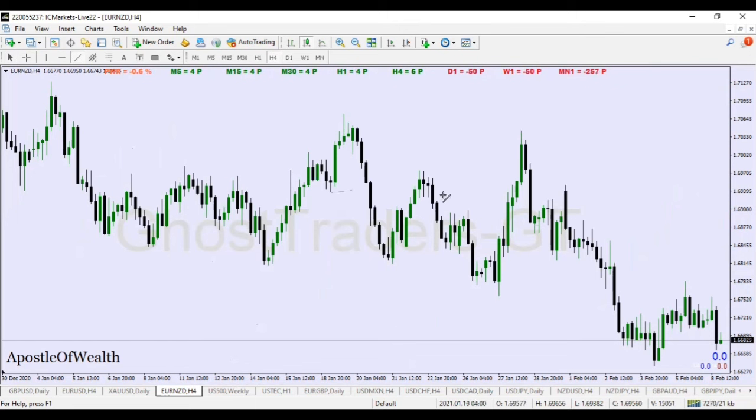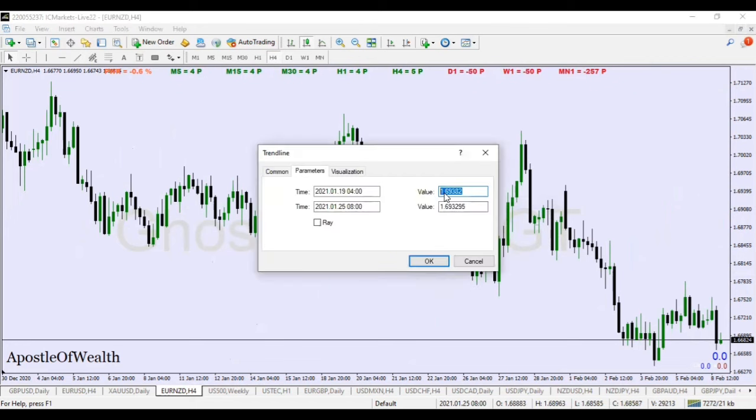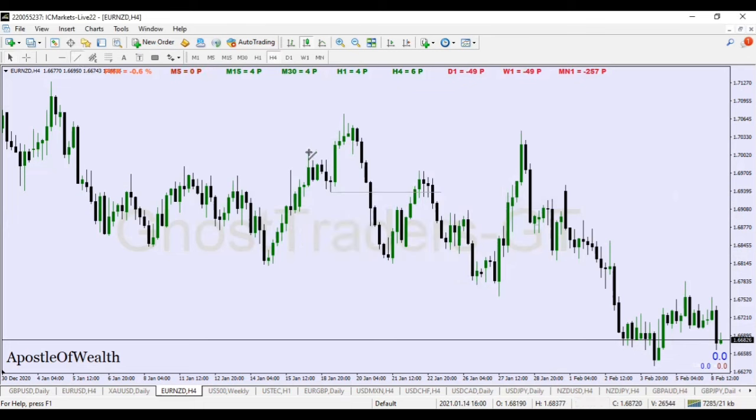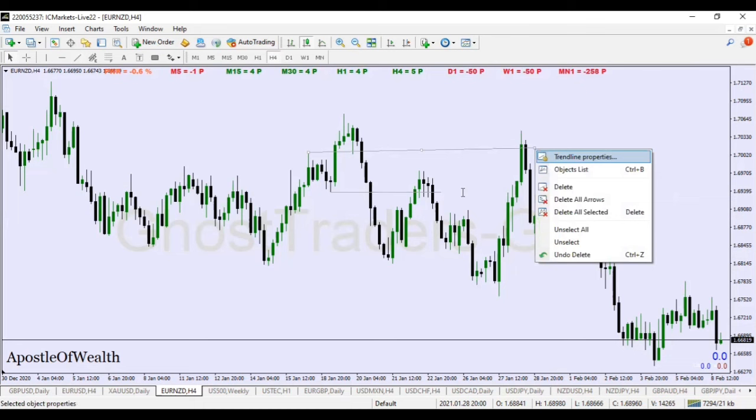So we indicate this level as our breaker. And then this level as our QML, okay? So price gets to this level and we see price dropping.